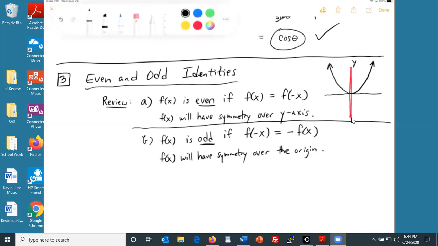And just remember that symmetry means that the distance from this point to the line and from that point to the line are the same distances. So this distance and that distance are equal. And where do they occur? This x value is at positive x. This x value is at negative x. And notice they have the same height, which means they have the same y value.